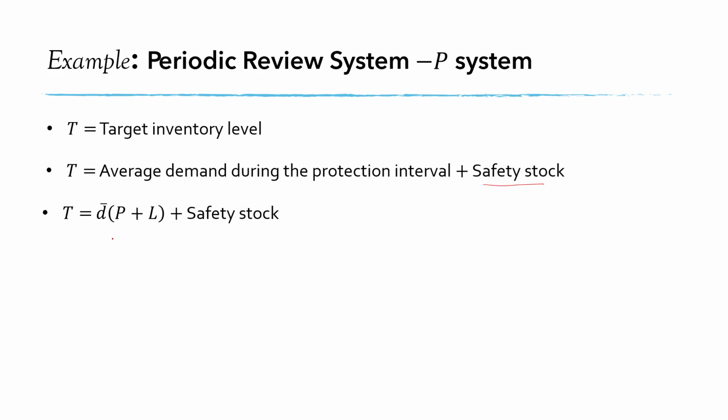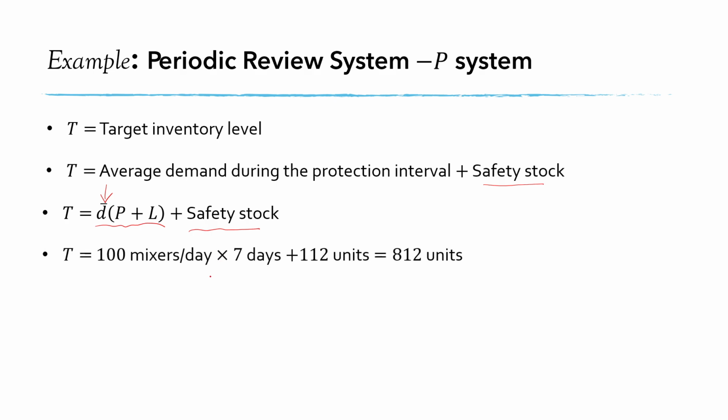We can calculate the average demand during the protection interval by using this formula, where D bar is the average daily demand and P plus L is the protection interval. We have just calculated the value of safety stock in the last slide. Plugging in these values, we have the value of target inventory level T equal to 812 units.